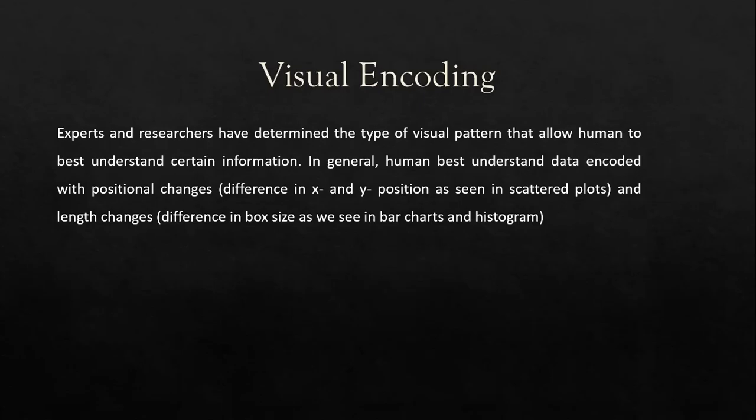Experts and researchers have determined the type of visual pattern that allows humans to best understand certain information. In general, humans best understand data encoded with position changes, differences in X and Y. So this is how graphs are plotted.